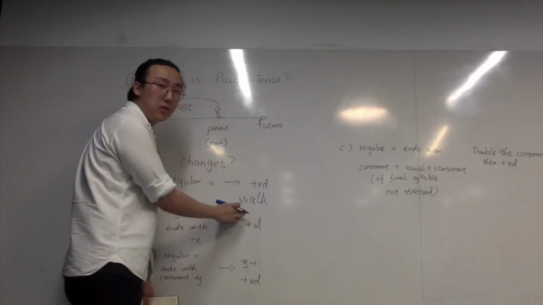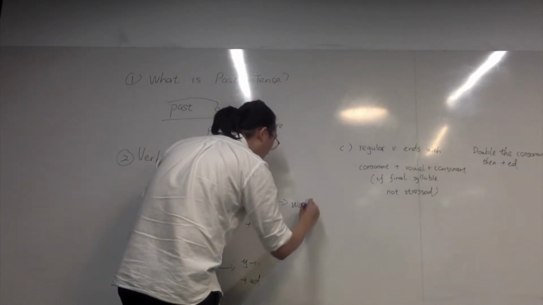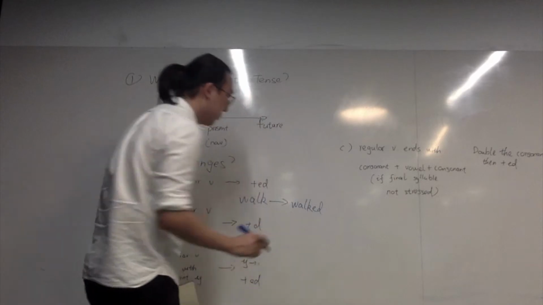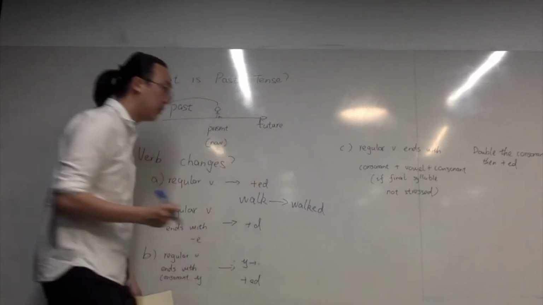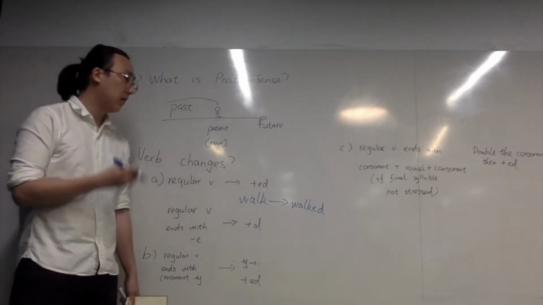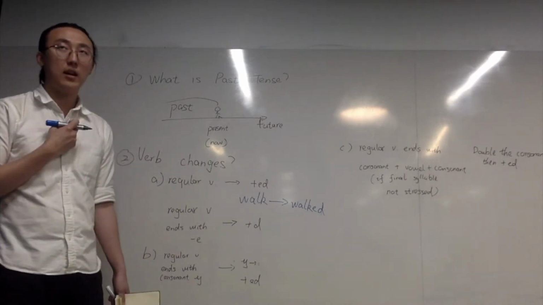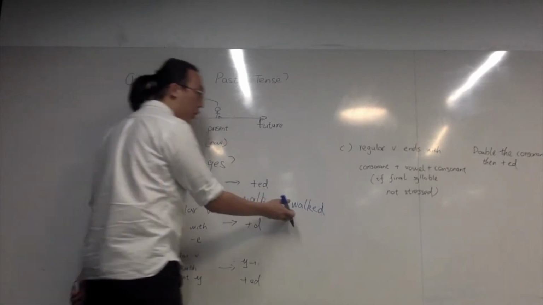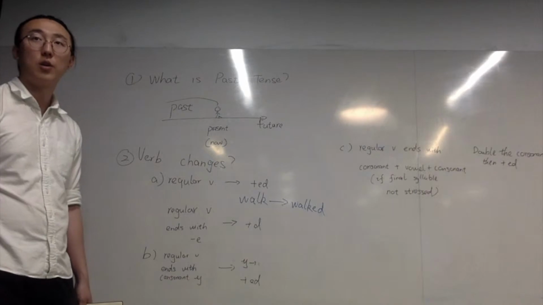I walk to school. Yes, you can change it to walked. Sorry, that's not clear enough. Walk. So I can say, I walked to school today. Or you can say, yesterday I walked to school. So please write down your example as well.